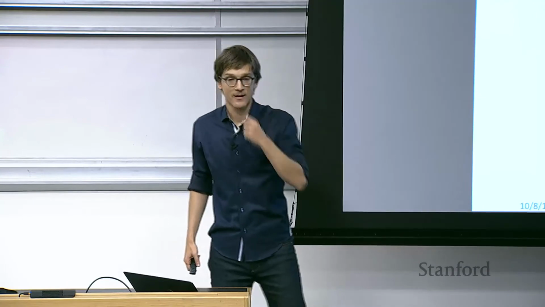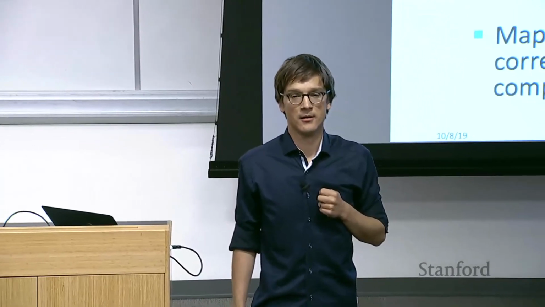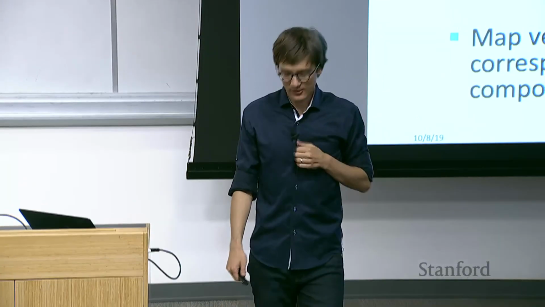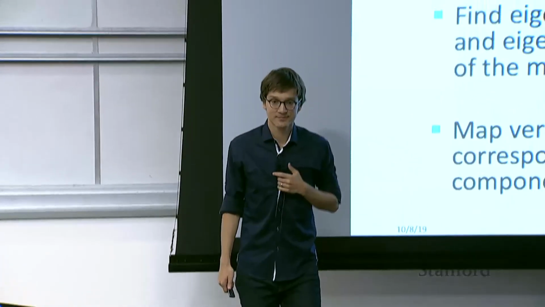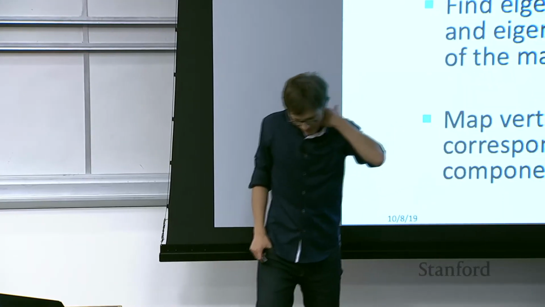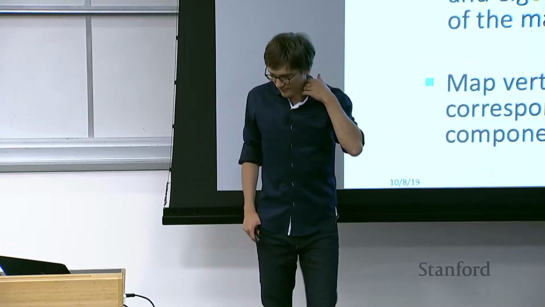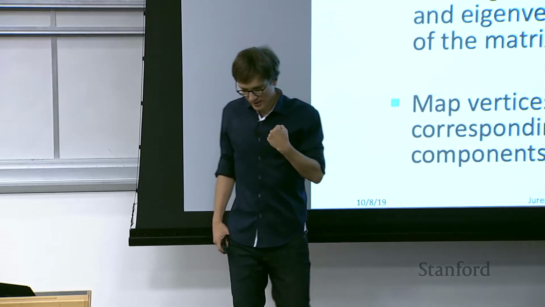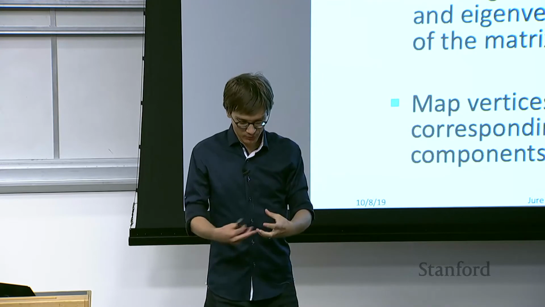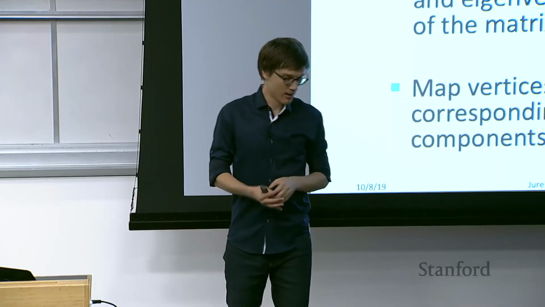Yes? Is there an intuitive way to think about how eigenvectors relate to an adjacency matrix? Is there an intuitive way? Besides just individual eigenvectors. An intuitive way how eigenvectors correspond to the adjacency matrix. I mean, we talked about how the spectrum allows us to uncover the connectivity, how many connected components we have.